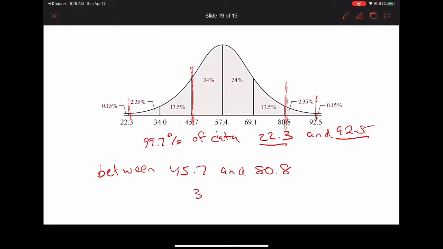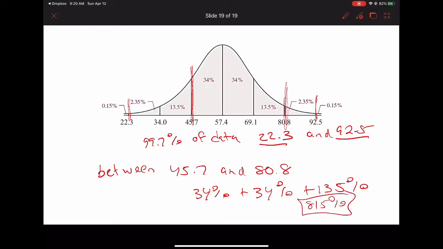You'll do 34% plus 34% plus 13.5%. And you'll add those together. And you'll say, okay, so 81.5% of people will have their HDL serum cholesterol between those 2 points. That's the way that you would answer those questions.